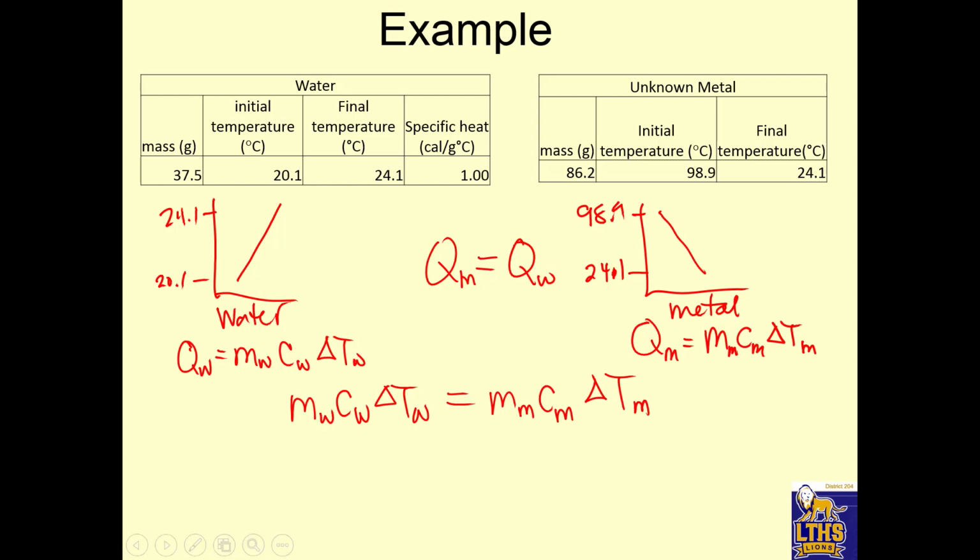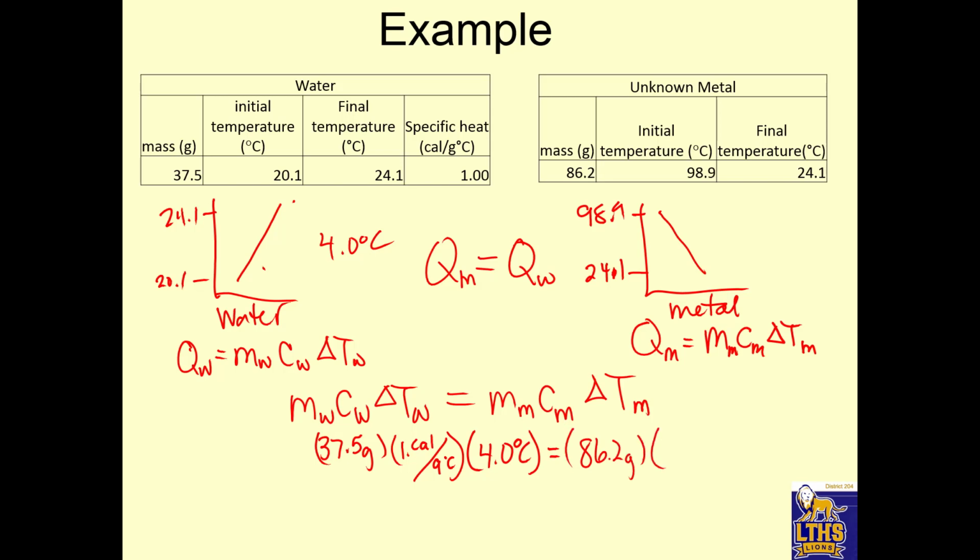Okay, so we have 37.5 grams. We have specific heat of water is 1 calorie per gram degree Celsius. We have the temperature change of the water is 4.0 degrees Celsius. That equals the mass of the metal, which is 86.2 grams, times the specific heat of the metal.